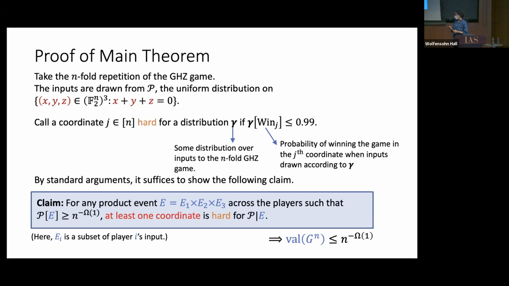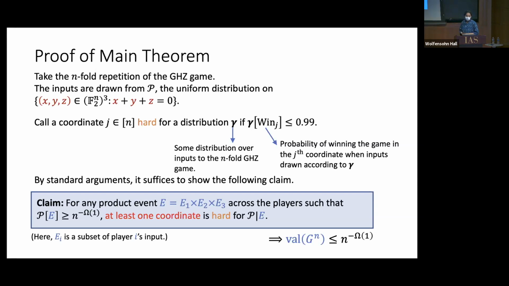The thing is that the event of winning the first i-1 coordinates is not a product event. It's a slightly complicated event that depends on all the players' questions and answers. So instead, the idea is to fix the questions and answers to the players in the first i-1 coordinates. Now it becomes a product event because once you fix the questions and answers, that decides whether you win or not in the first i-1 coordinates.